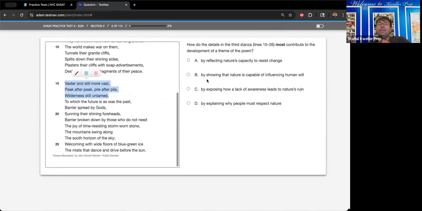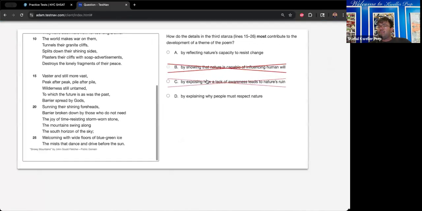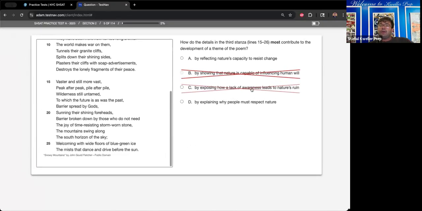B, by showing that nature is capable of influencing human will. We're not seeing any influence on human will. It's more like nature is just resisting change for itself. We don't see anything about how it's convincing humans. Exposing how a lack of awareness leads to nature's ruin. Again, this is not done here. This stanza only talks about how nature is expanding. And then by explaining why people must respect nature.